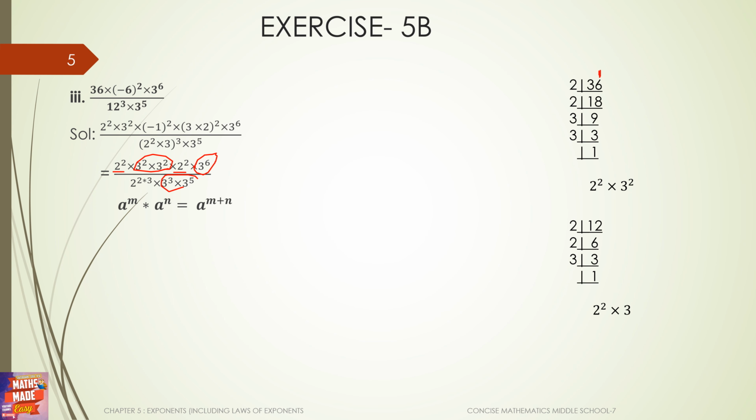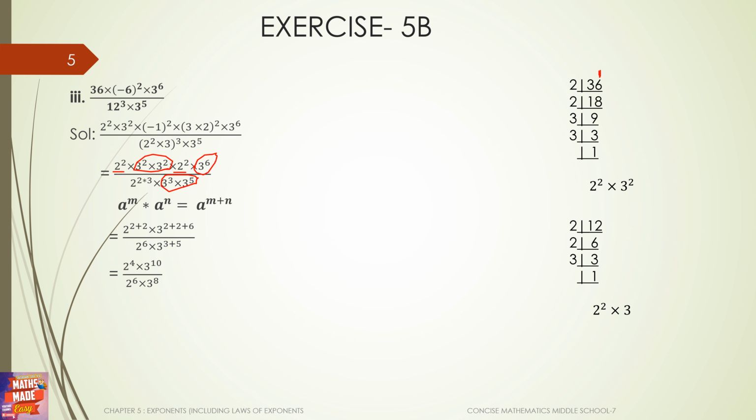Even here you can apply this formula. So we are going to apply this formula in 3 places. So it will become 2 to the power of 2 plus 1 into 3 to the power of 2 plus 2 plus 6 by 2 to the power of 6 into 3 to the power of 3 plus 5. When you add it, this is what you get.